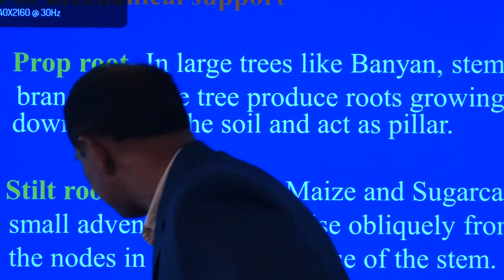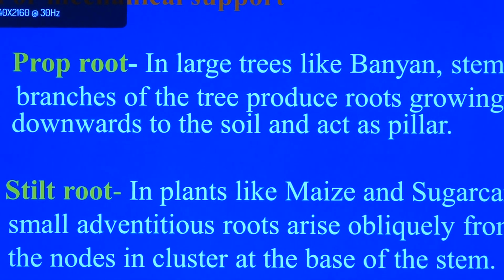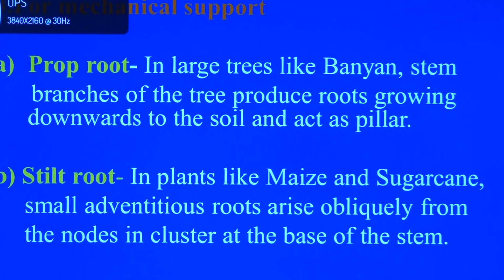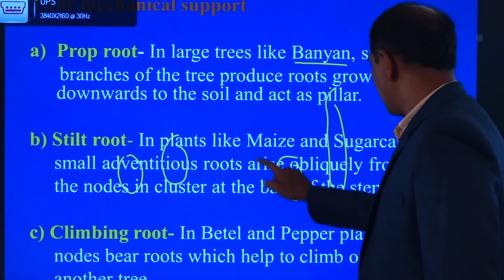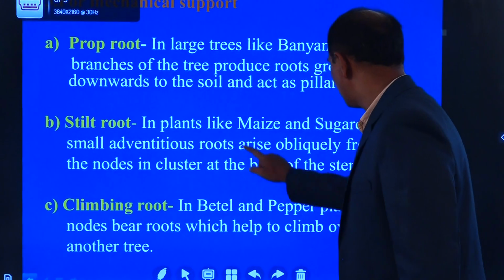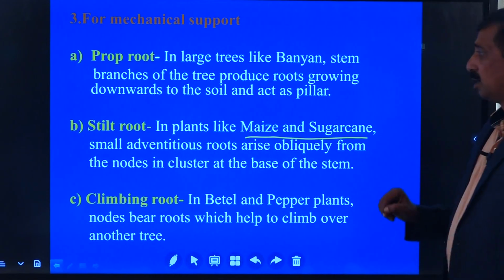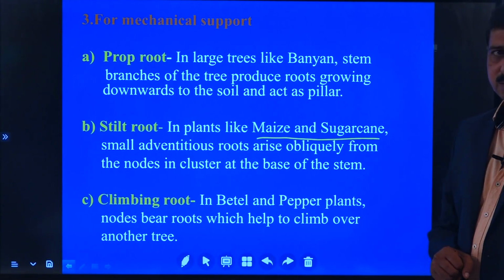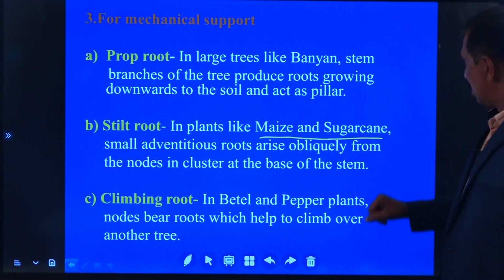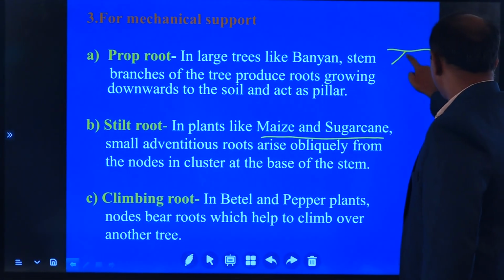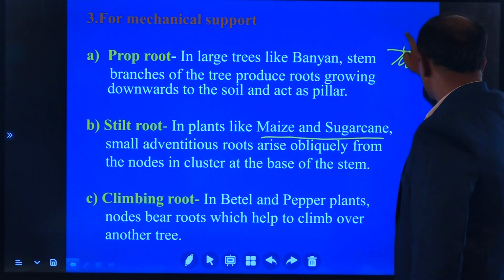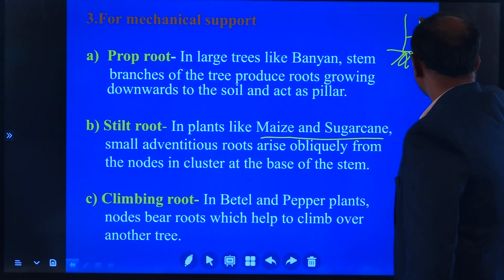So, that is regarding prop root. Next one is stilt root. See here, in case of maize, sugarcane and some other monocots, there is presence of roots from lower nodal regions.